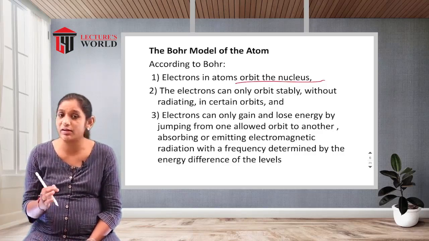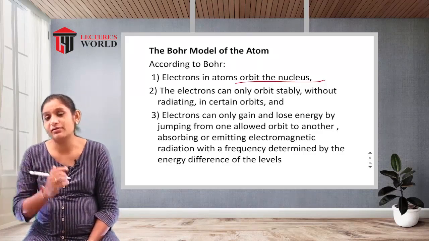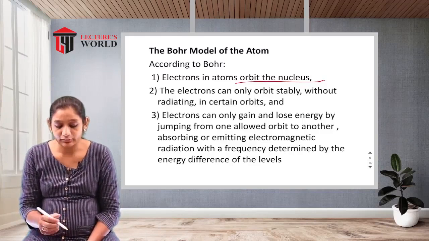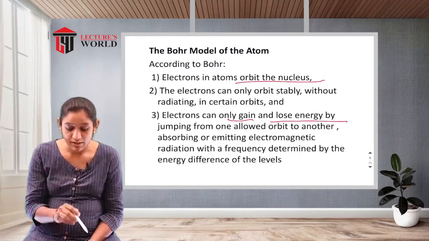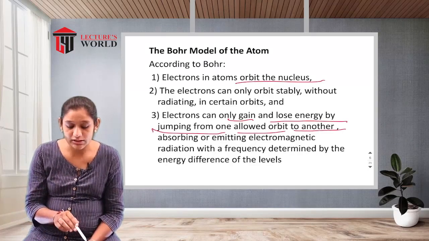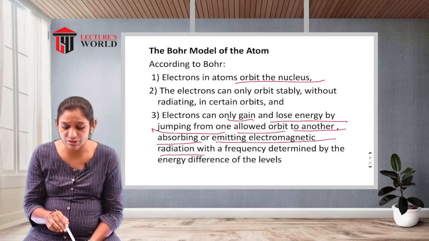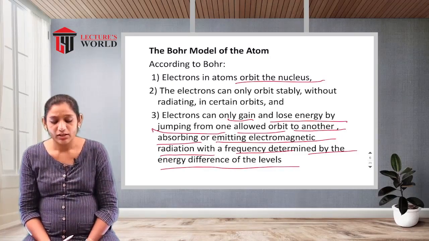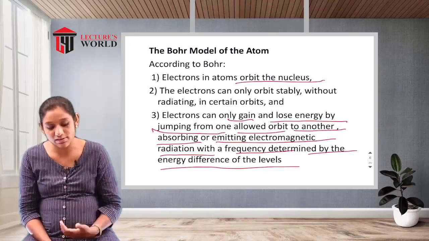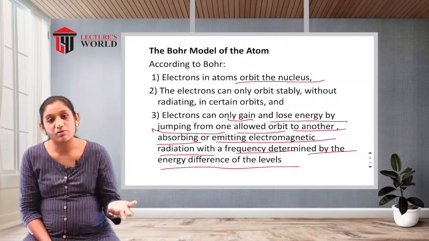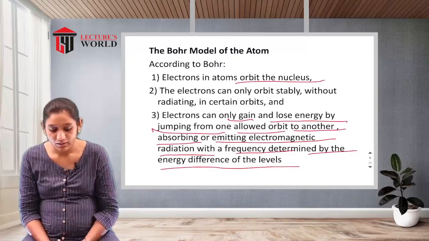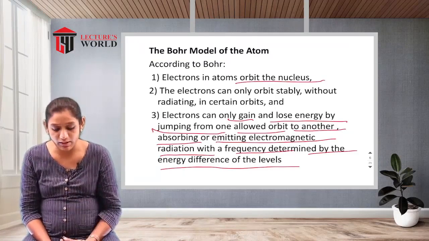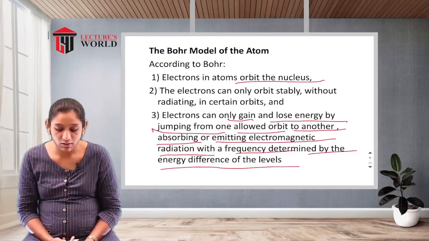Electrons can only gain and lose energy by jumping from one allowed orbit to another, absorbing or emitting electromagnetic radiation with a frequency determined by the energy difference between the levels.